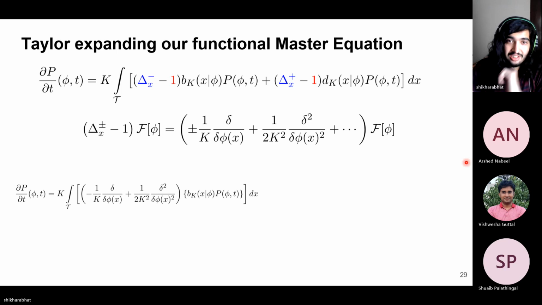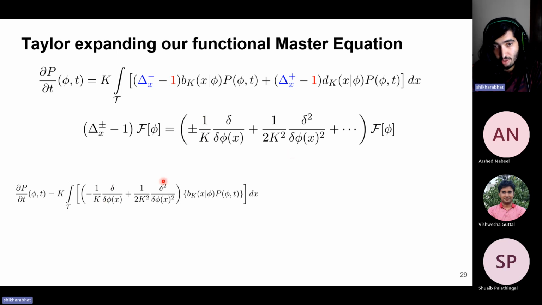Let's substitute. For the first term, we have delta minus minus 1. The entire thing is applied to b times p. And by our formula, this must be minus 1 by k dou by dou phi, which is here, plus 1 by 2k square dou square by dou phi square, which is here. Whole thing applied to what was outside.